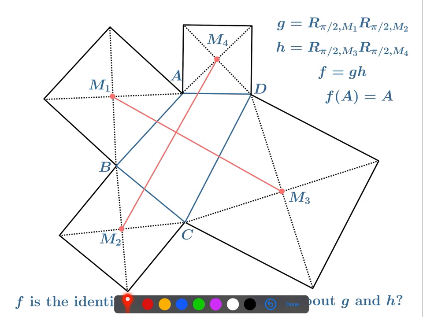Well, part of the point of saying that F of A is A, and F is the identity, is that H is going to do the exact opposite. It's going from here to here, taking A to C, going counterclockwise. So it's taking A to C, and you're going around a point to do that, and that point's got to be the exact same thing.